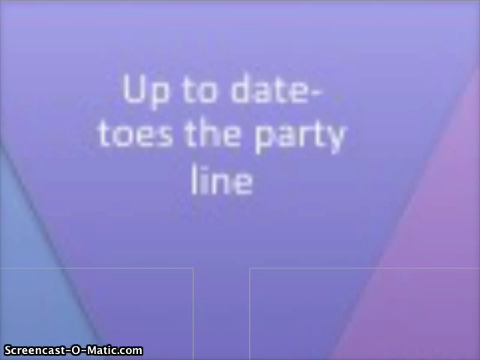Okay, another is: is it up to date? Does it toe the party line? Now, I've mentioned this with the jargon, and with understanding the theories.